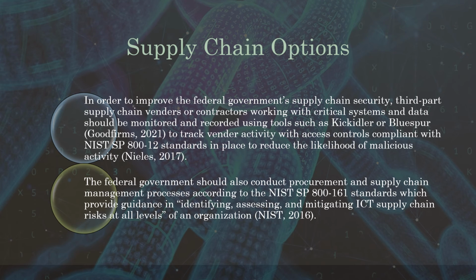So we don't just want to focus on access control monitoring. We also want to focus on supply chain security as a whole, and we need a standard. We're going to use the NIST standard to measure our cybersecurity practices against, in order to ensure that we're covered. I mean, there's no such thing as 100% safe, but we want to get as close as we can to that.